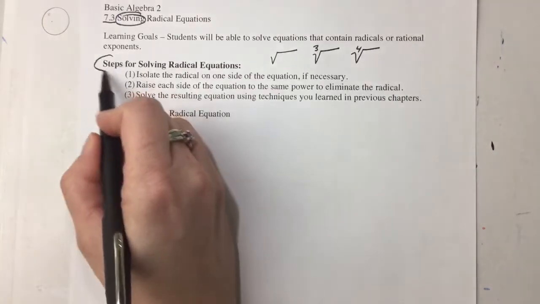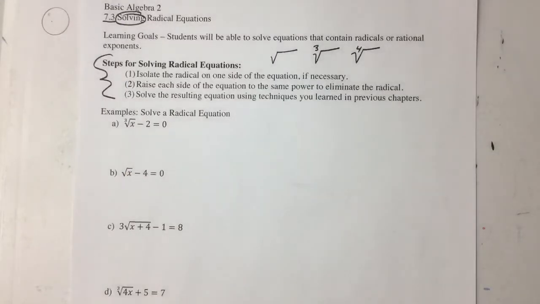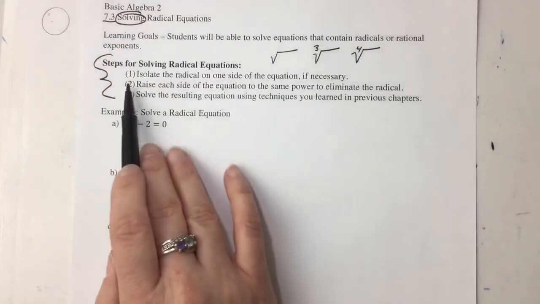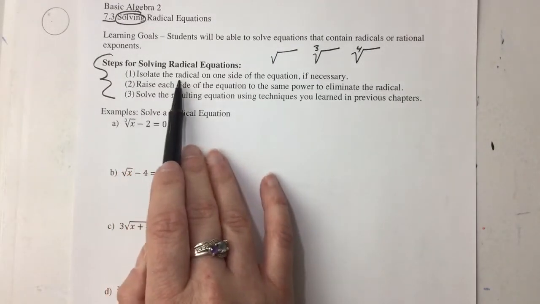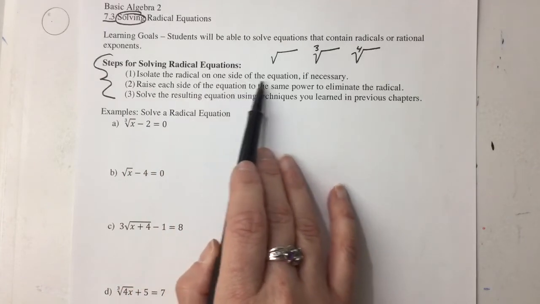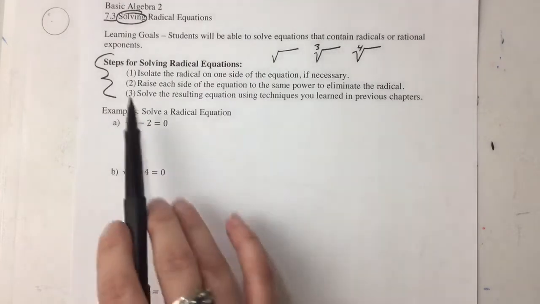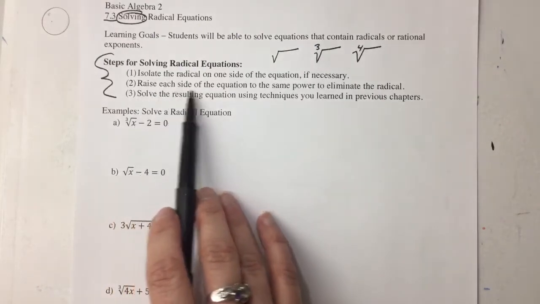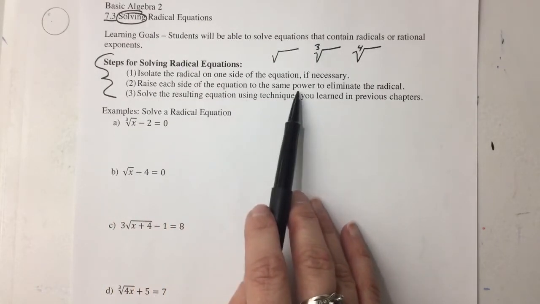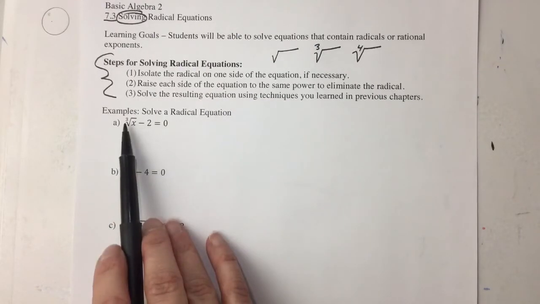When you are solving radical equations, these are the steps that you want to follow. Step 1, isolate the radical on one side of the equation. That means you need one side of the equation to be just the radical and what's underneath. Step 2, raise each side of the equation to the same power as whatever the index is.